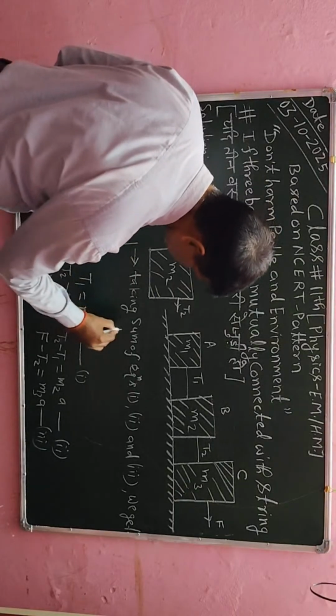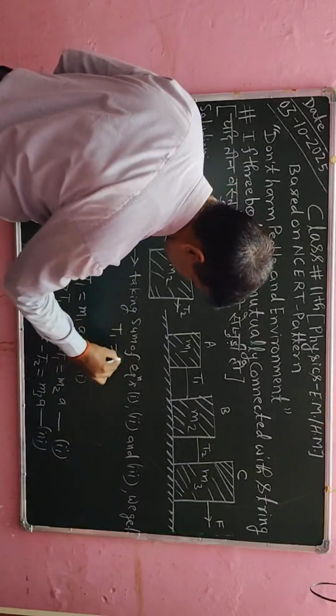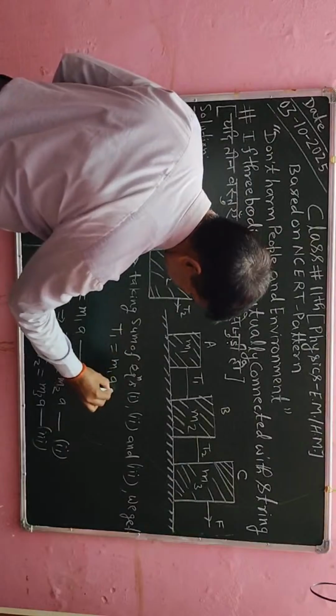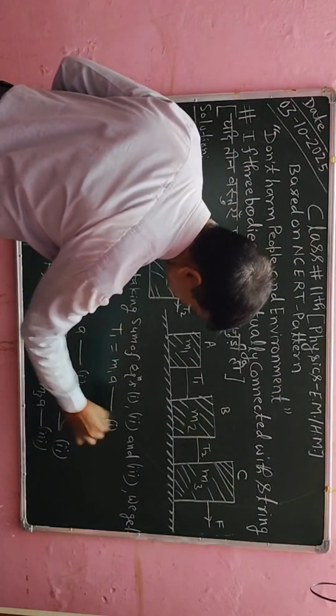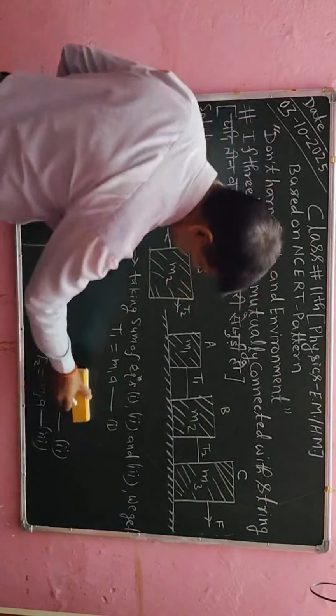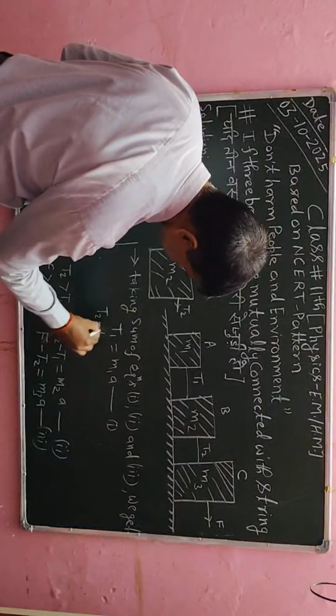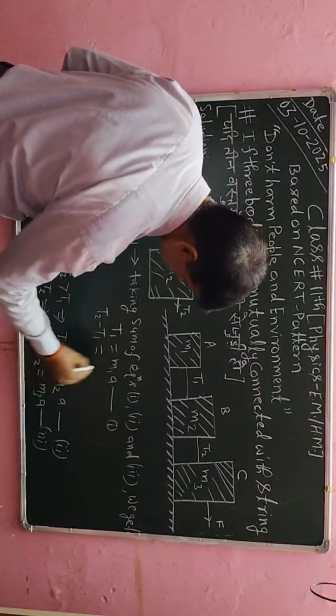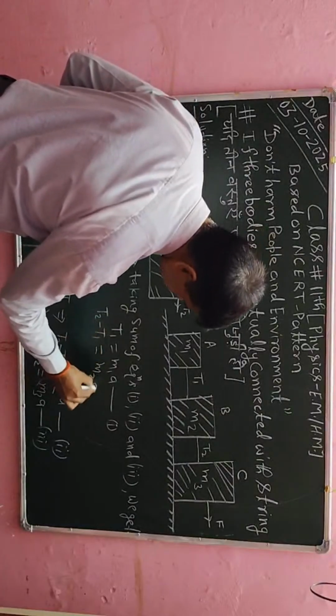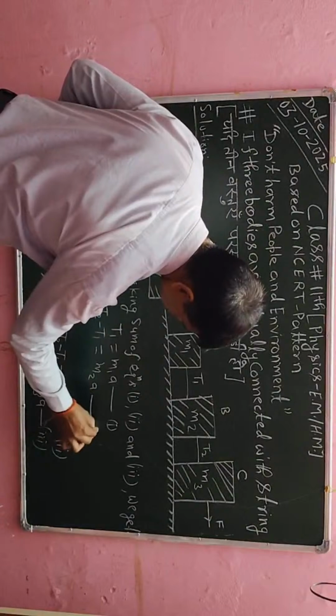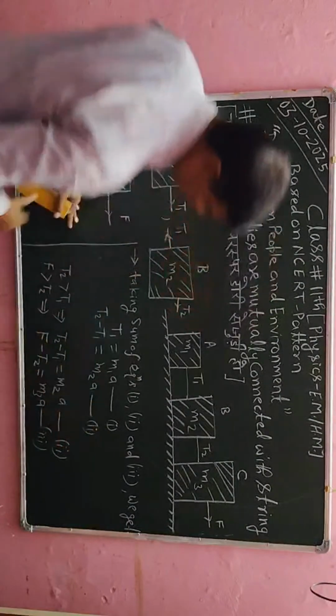Now here T1 is equal to M1 into A, this is equation number 1. Then equation number 2: T2 minus T1 is equal to M2 A. Okay, you concentrate here.